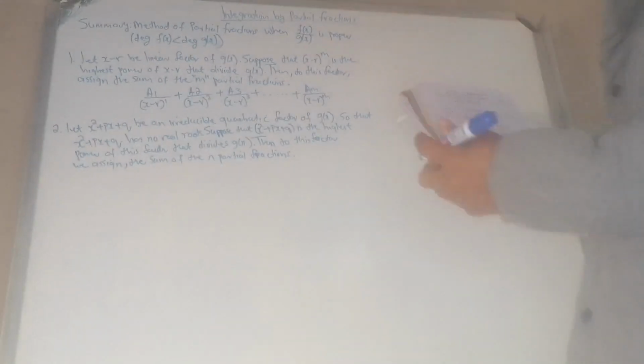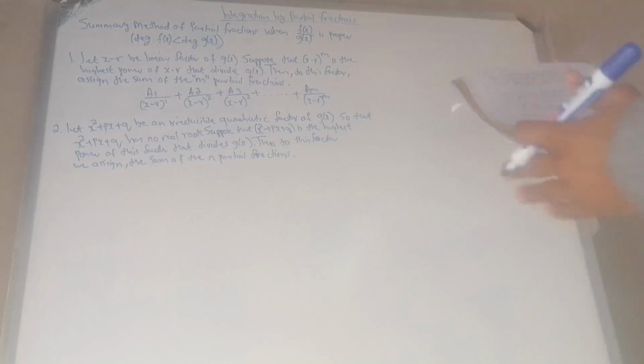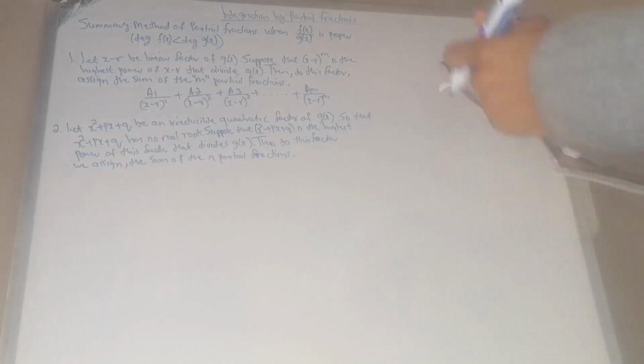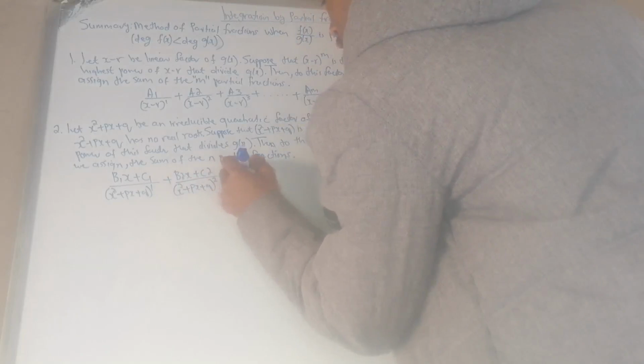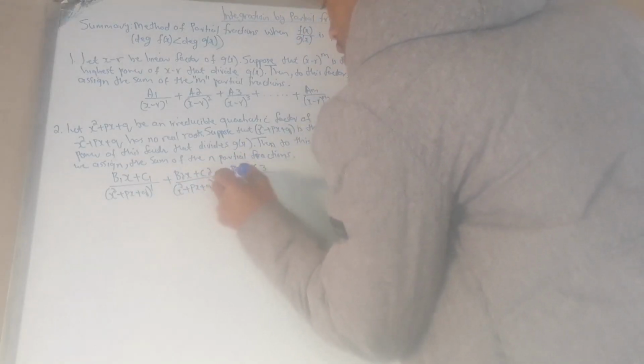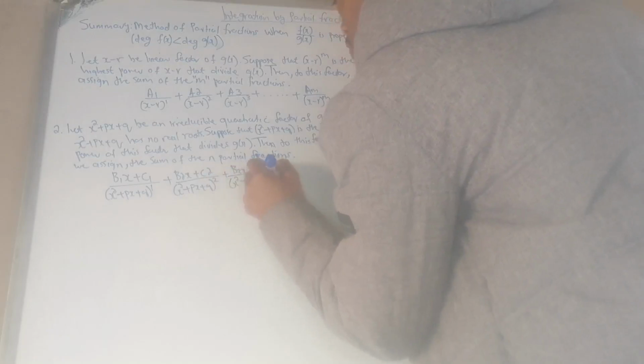So how are we going to do that? Here we are going to use different letters since we are dealing with a quadratic. We will say b1x plus c1 divided by x squared plus px plus q to exponent 1, plus b2x plus c2 over x squared plus px plus q to exponent 2, plus b3x plus c3 over x squared plus px plus q to exponent 3.